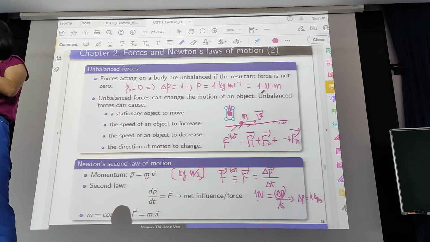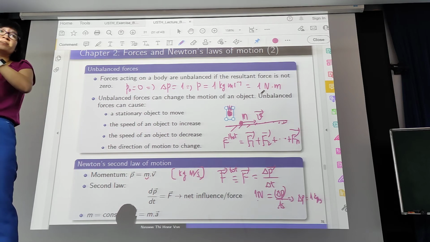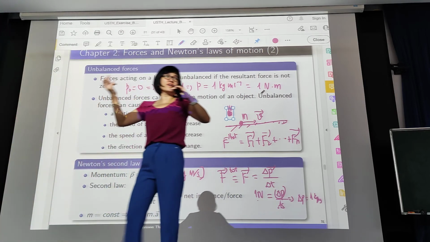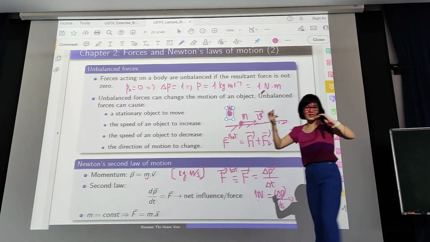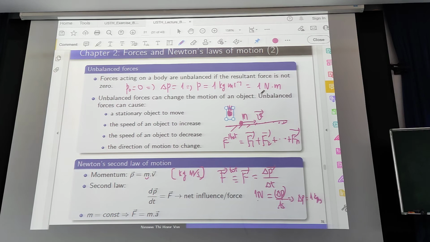So the force measures how much you change the momentum per unit of time. Is that clear? And vice versa, if you know the change of the momentum, you divide by the time of the force acting, and then you can calculate the average value of the force acting on the object.